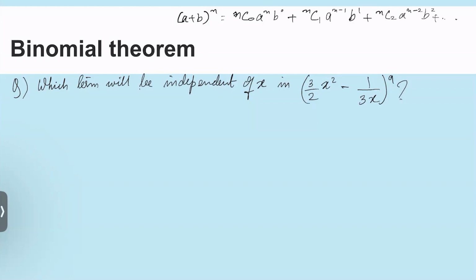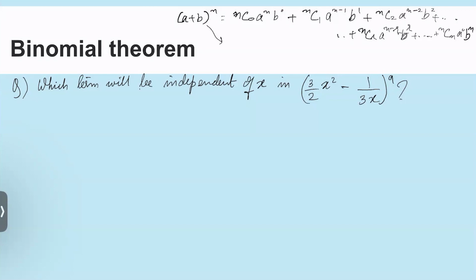And that's all the way, all the terms, with a general term in between as nCr a raised to n minus r b raised to r, plus nCn a raised to 0 b raised to n. Okay, so you can see that this is actually a sum of all these terms.